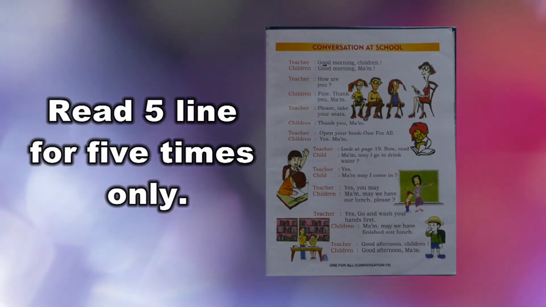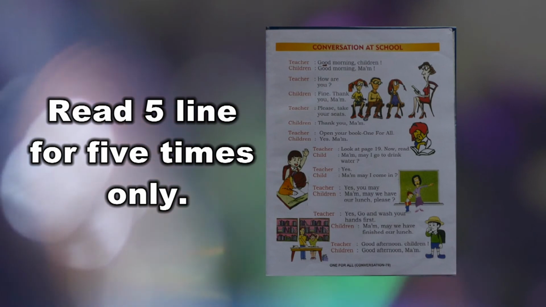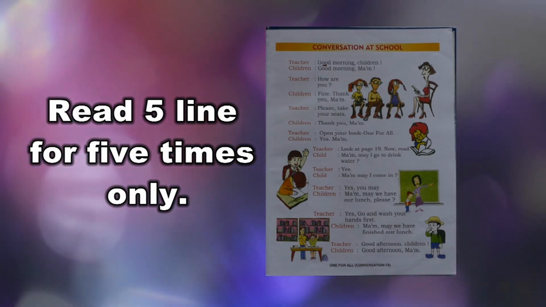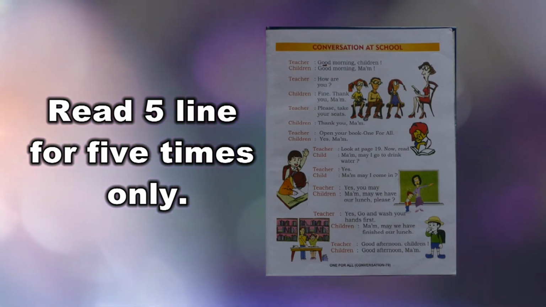Okay. Now last but not the least, and parents, what you have to do, you show them few lines of their book, maybe 4 or 5 lines, and let the child read those lines for 5 times only. But I'm saying for 5 times only the child will read those 5 lines, and in the end the drastic changes you will see.